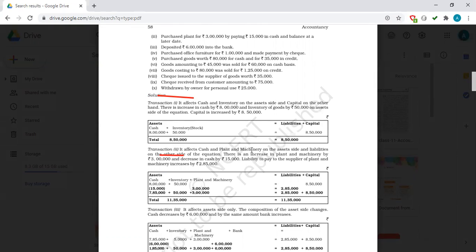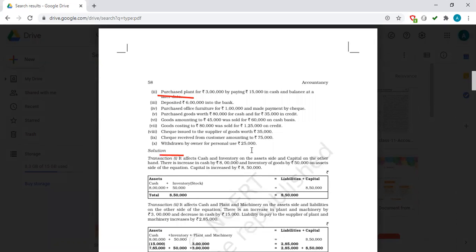Your amount goes to 8,50,000 because he started the business with this amount. Capital is a liability for the business, that's why we write it on the credit side. So you can see both are justified, 8,50,000.